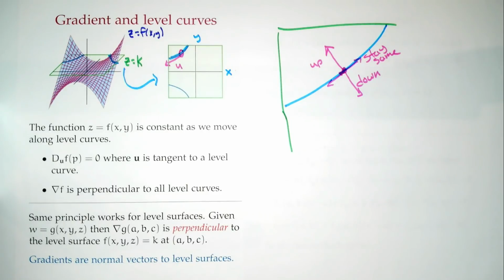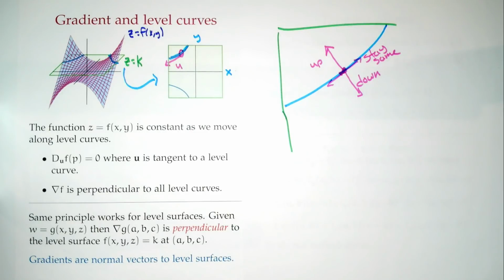Now, what's a level surface? Well, that's when I have a function of 3 variables. So W is g of x, y, and z. And that's really hard to figure out what's going on because we can't really plot it. But what I can do is look at a slice where I hold the output W fixed. So g of x, y, z equals something.